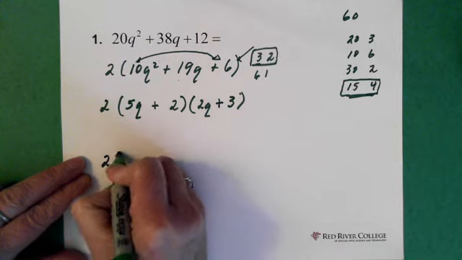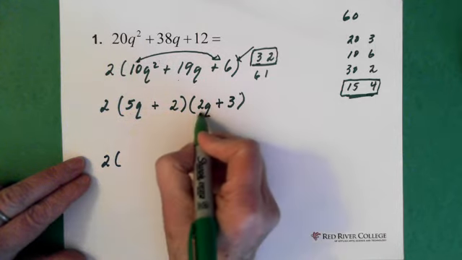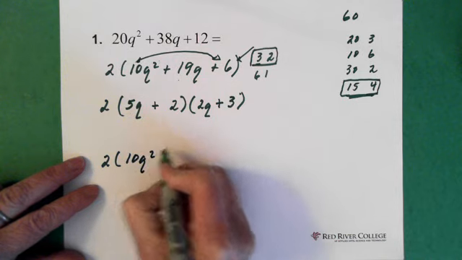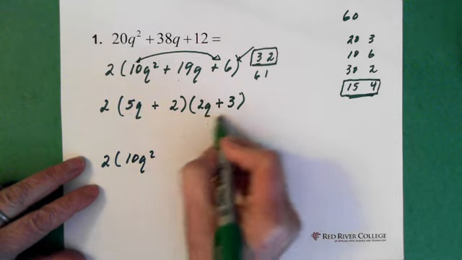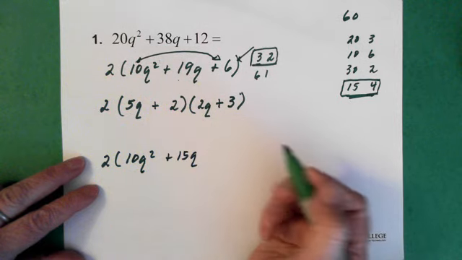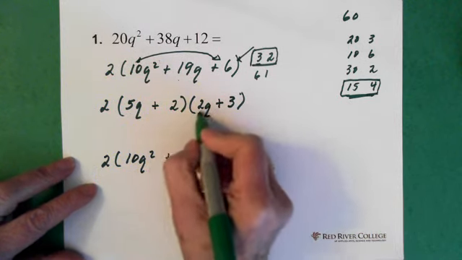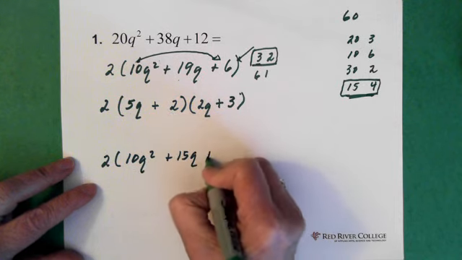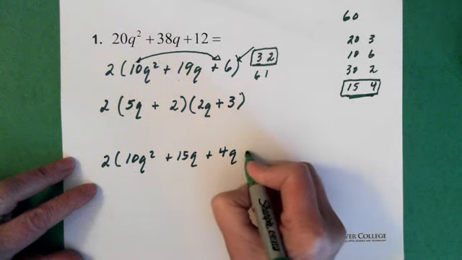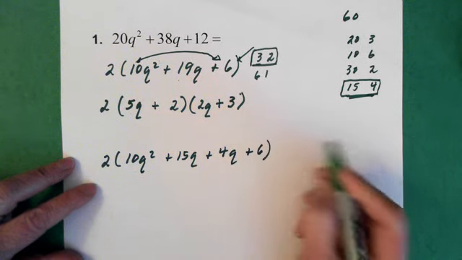So the 2 is out front. 5q times 2q, 10q squared. 5q times 3, so plus 15q, which is what we needed, right? These two multiplied, plus 4q, and the 2 times the 3, plus 6.